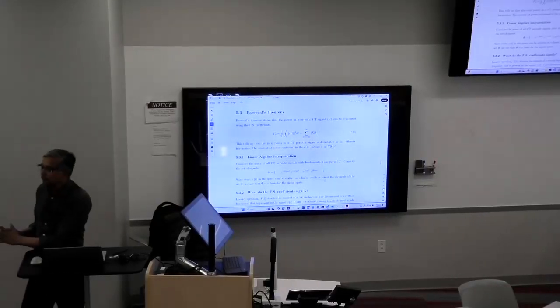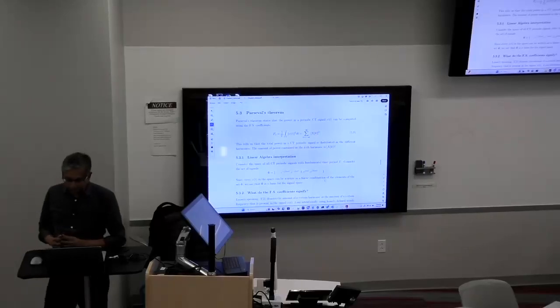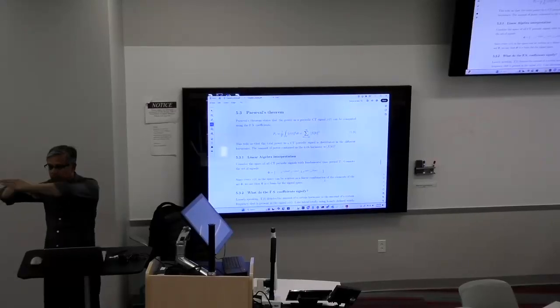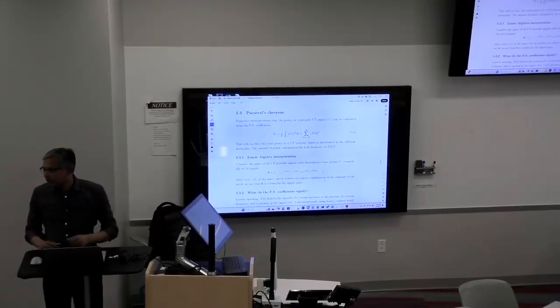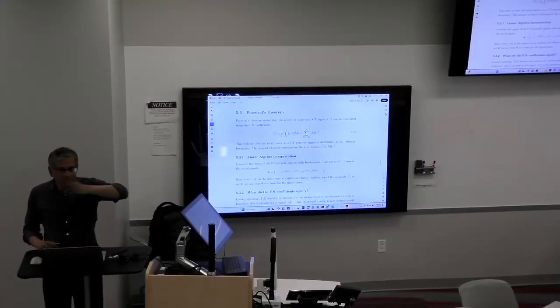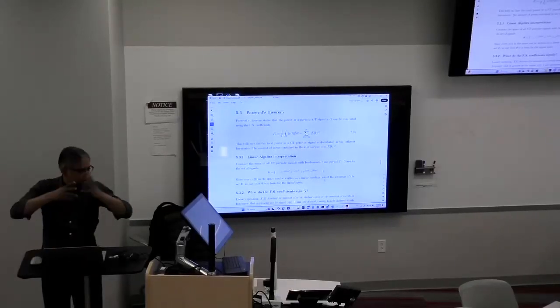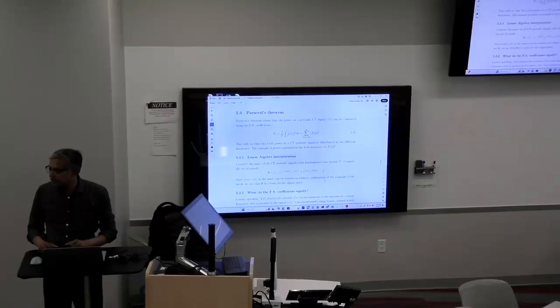One over T times the integral of the magnitude squared. Very good. You look at one time period, compute the energy within that period, and divide by the length of the period. So one over T times the integral from negative T over 2 to positive T over 2, or 0 to T, of the squared signal.